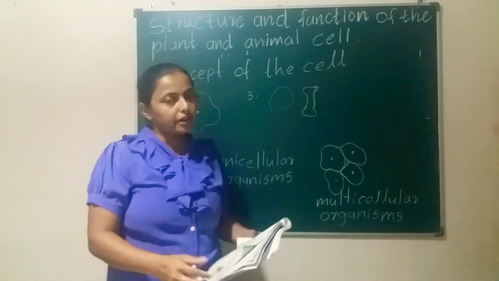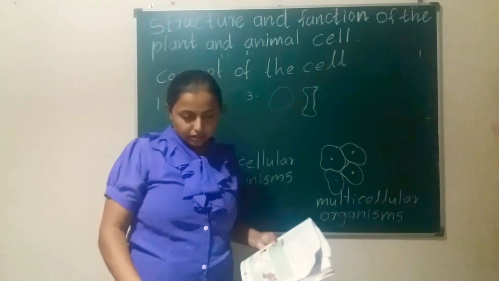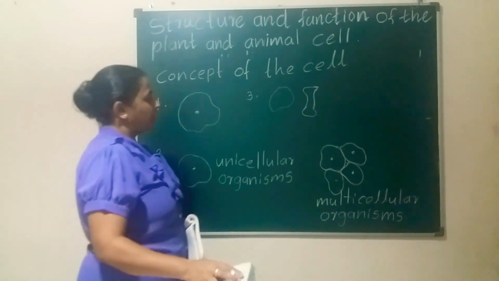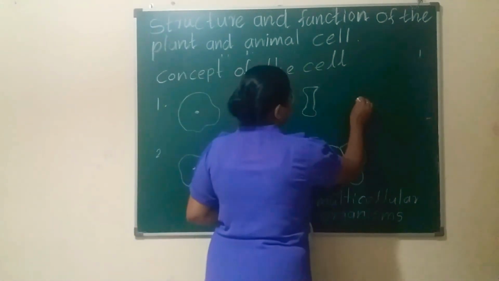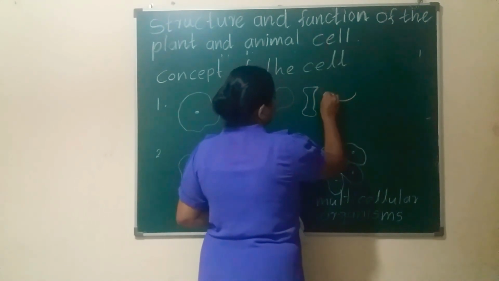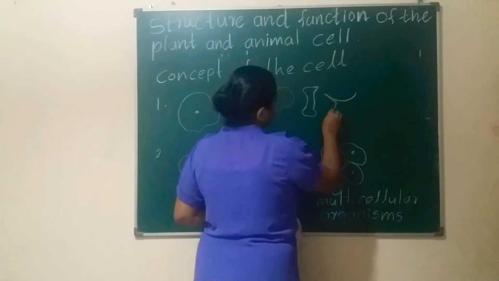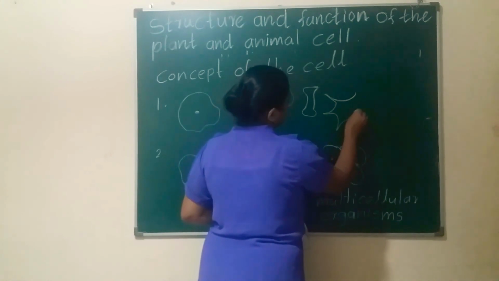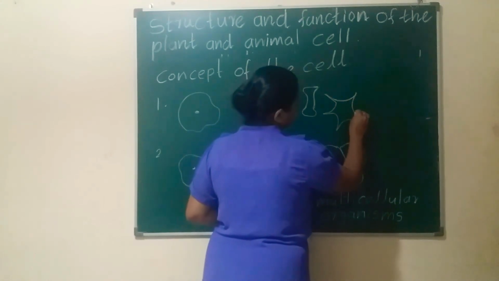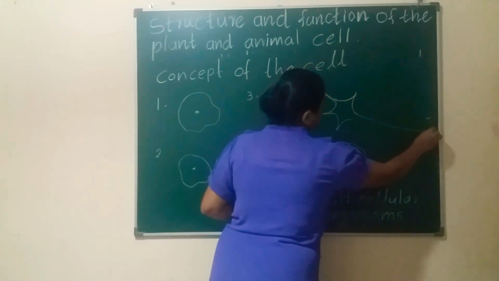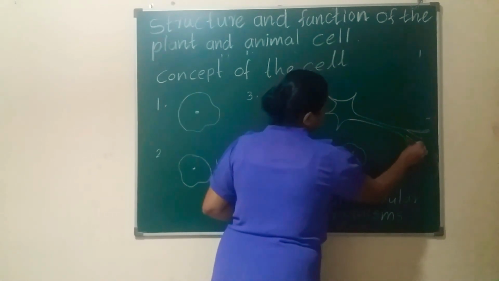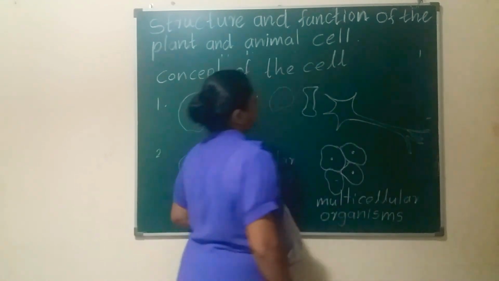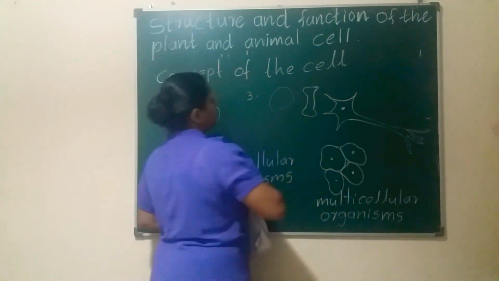Then different cells have different shapes. You know, red blood cell is this type and neuron cell is like this. Here is the nucleus.